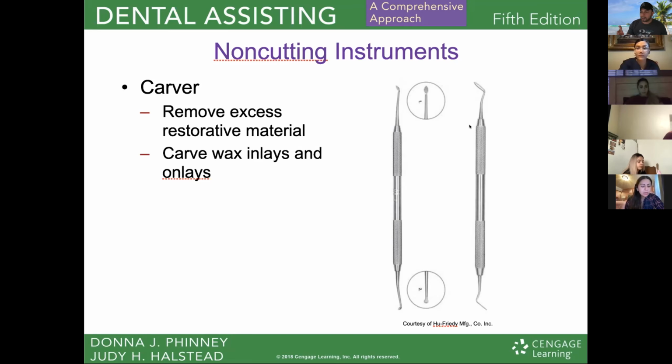Is it not the Hollenbach? Hollenbach, thank you. It is the Hollenbach. So that is a carver that's also used for mostly amalgam, and it's used to carve the excess filling away from the interproximal areas of the tooth. Thank you for whoever said that. It was at the tip of my tongue, and I couldn't remember it.